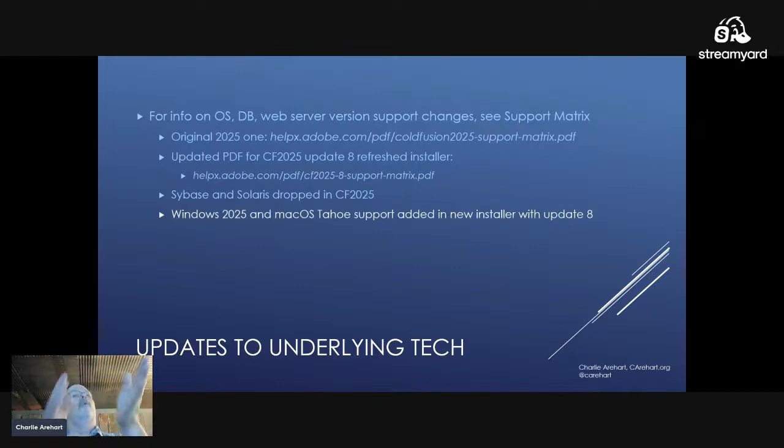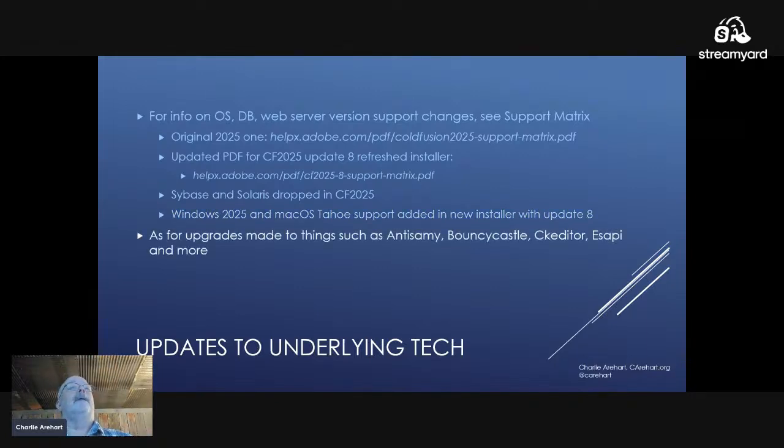Windows 2025 and macOS Tahoe were added with that updated installer. They call it a refreshed installer that came out with update 8. So if you get the CF 2025 installer today, or since late May, that would be the version of the installer able to support Windows 2025 or macOS Tahoe.